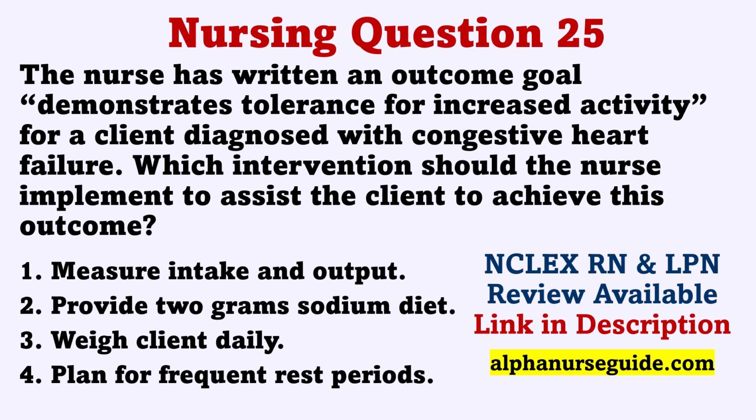Dietary sodium is restricted in clients with CHF, but this is an intervention for decreasing fluid volume, not for increasing tolerance for activity. Daily weighing monitors fluid volume status, not activity tolerance. With questions involving nursing diagnoses or goals and outcomes, you should realize that all activities referred to in the answer options may be appropriate for the disease, but may not be specific for the desired outcome.